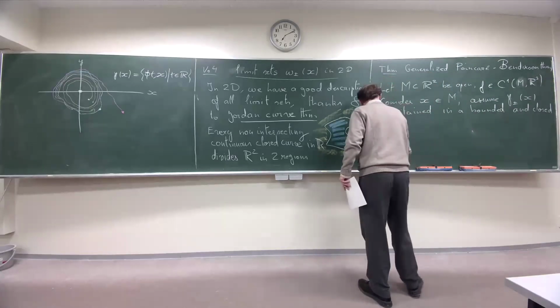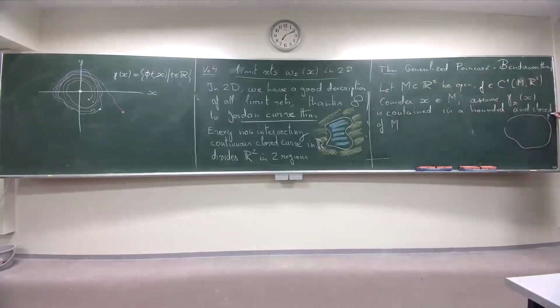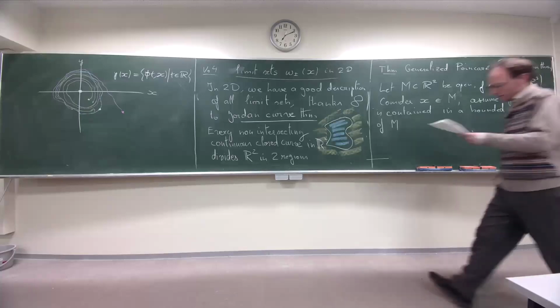So we have a big set M, which is open, and I assume that if I take a trajectory, it stays inside this box. So this is X, and this is gamma plus of X, the evolution of this point stays in a closed and bounded set. I usually represent such a set by a box.